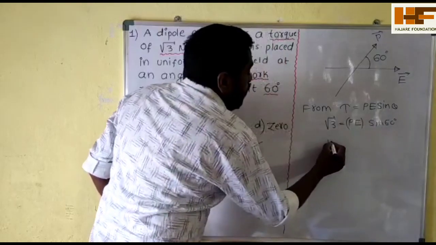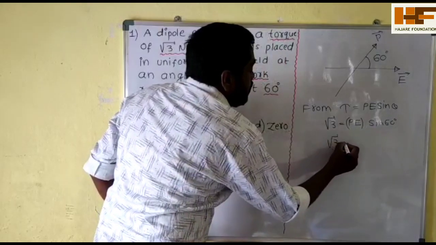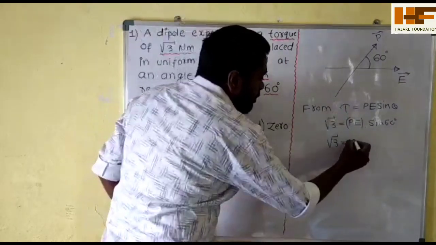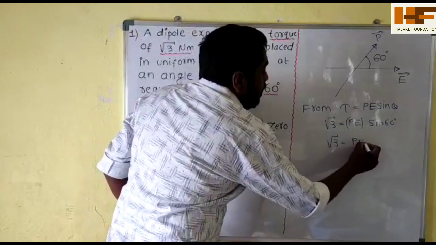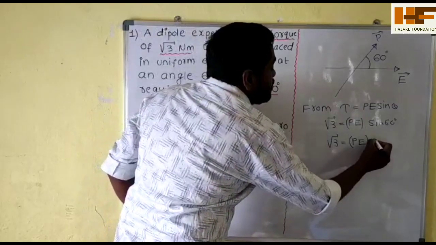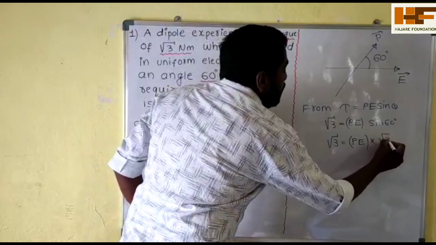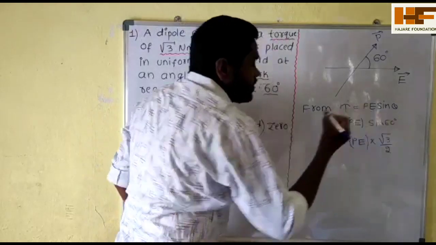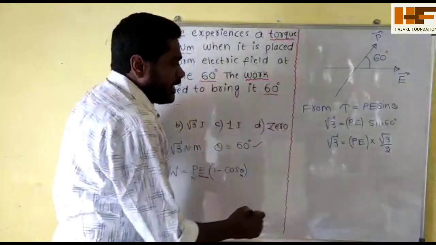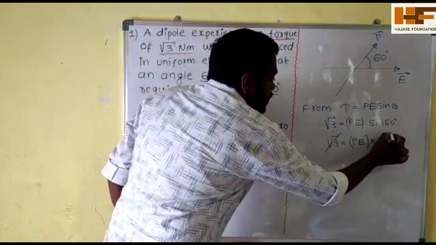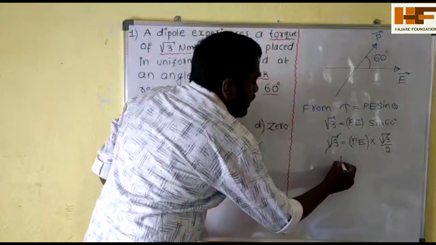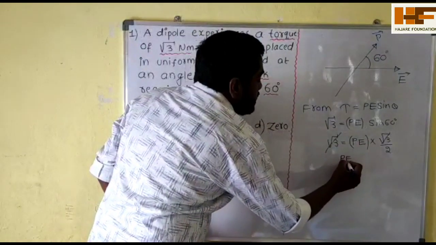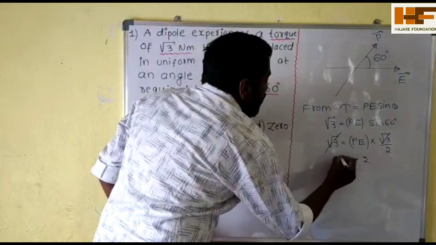Sin 60 is √3 by 2. So the √3 gets cancelled, and we get P E equal to the value.